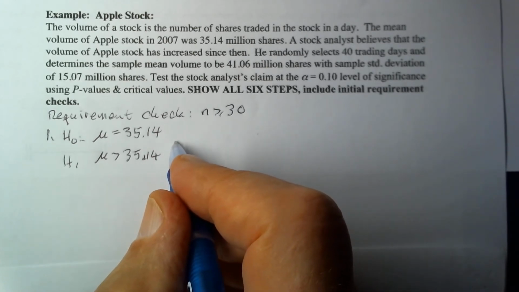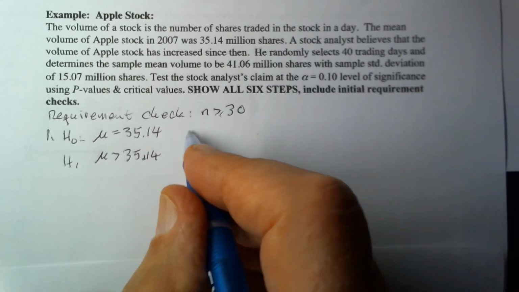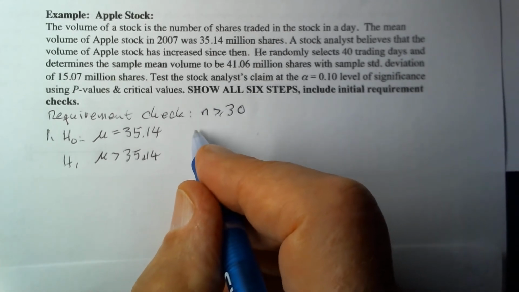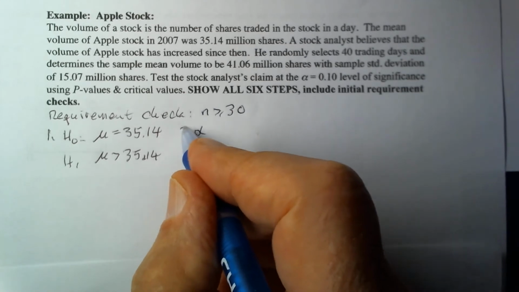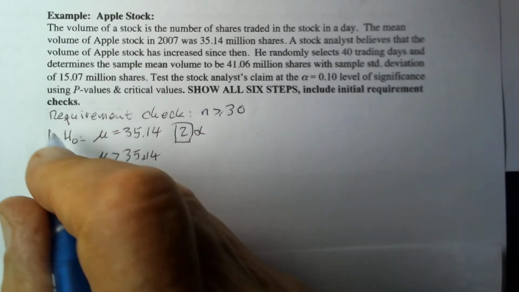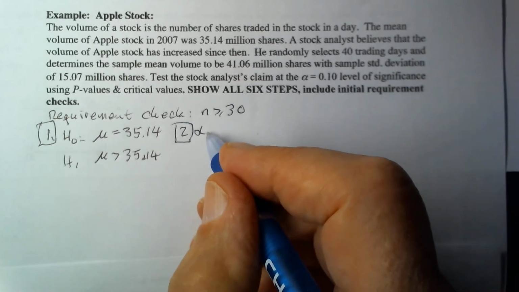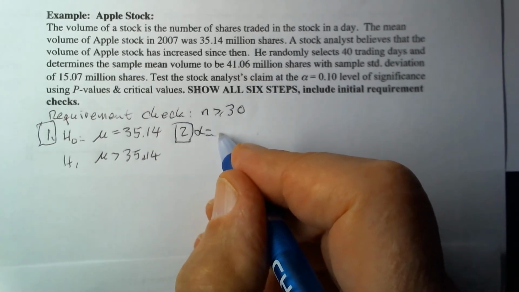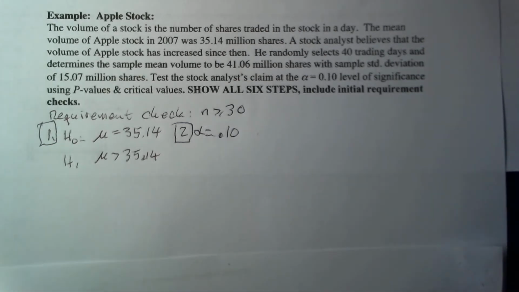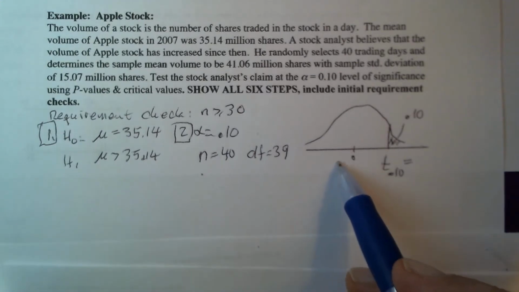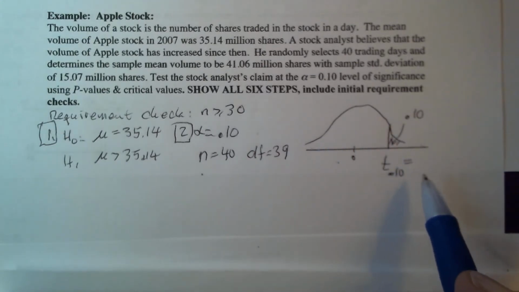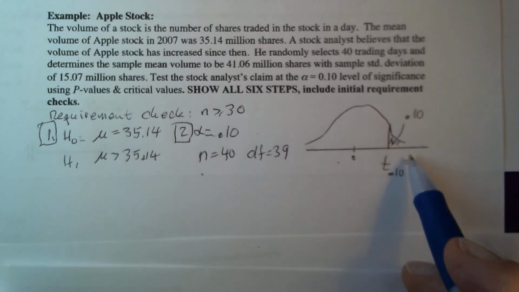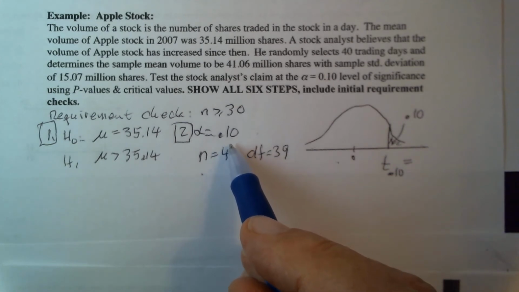Now, we know that the alpha level is equal to 10% or 0.10. So here's our critical region. Here's our sketch for the distribution, and our t sub 0.10, the area here is 0.10 because we have an alpha of 0.10.